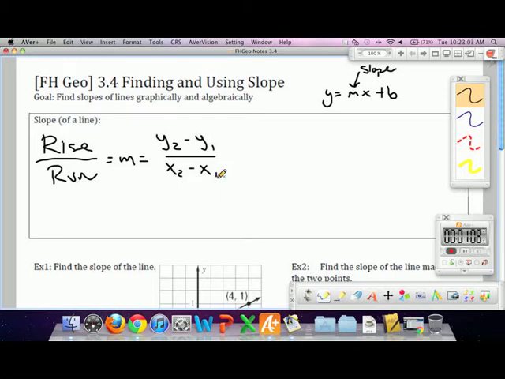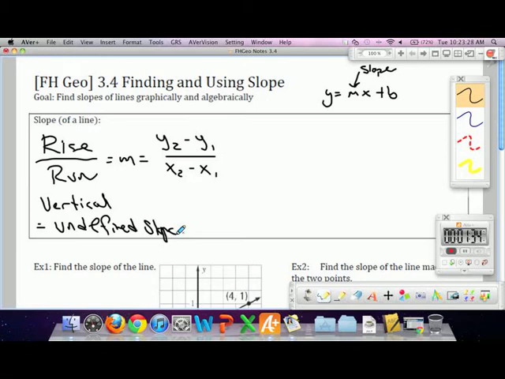Is there anything else we know about slope? Luke? If it's straight up and down, it's undefined. Kate?